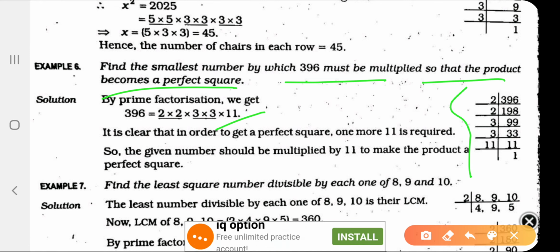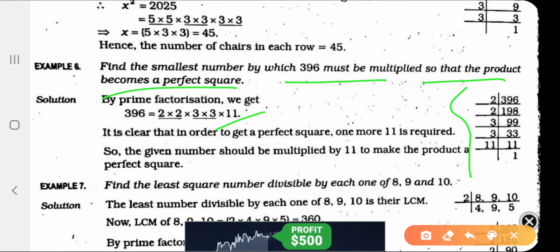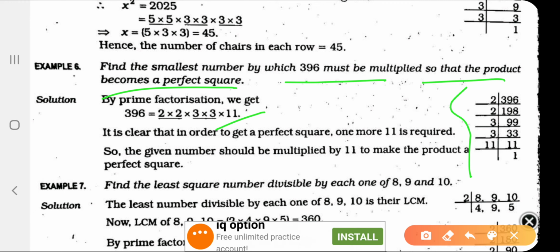So 11 should be multiplied to make 396 a perfect square. One more 11 is required, so the given number should be multiplied by 11 to make the product a perfect square.